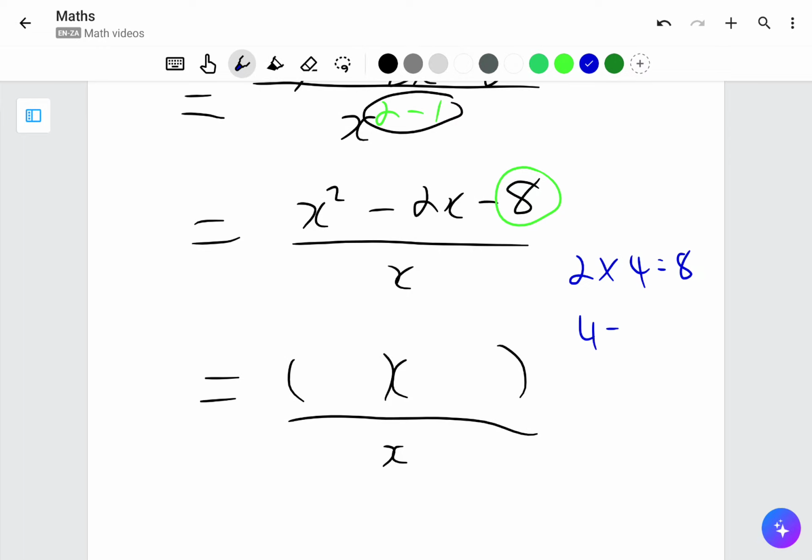And we know 4 minus 2 equals 2. Right? So there you have your 2 and your 8. Alright? Can you see there? So we know it is 4 and 2, right? So we're going to put in our x and x. We're going to go 4 and 2, and we're going to go minus plus. Okay? Alright.